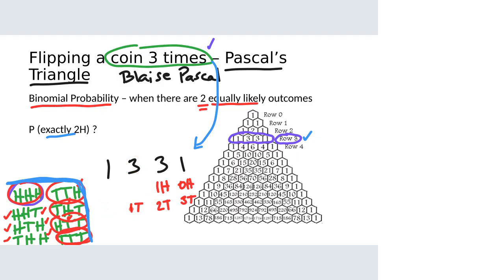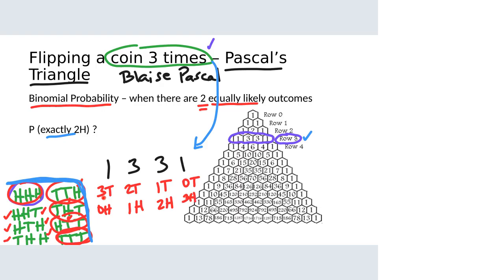Well, what I want to make sure that you see is you could label it the other way and you're going to be just fine. What I mean is, if instead you said, what if I make this one 3 tails, which means no heads, 2 tails, which means 1 head, 1 tail, which means 2 heads, and no tails, which means 3 heads.